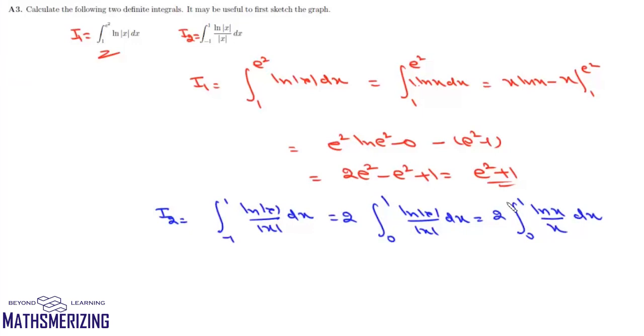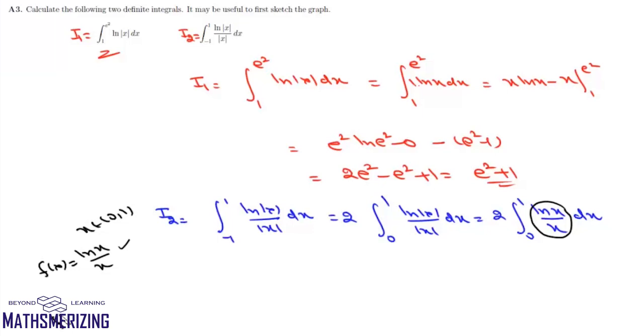Now it says it may be useful to first sketch the graph. So what we'll do is we'll try and draw the graph of f(x) equals ln x upon x when x lies between 0 and 1. Now we know that between 0 and 1, this function will be continuous and differentiable.